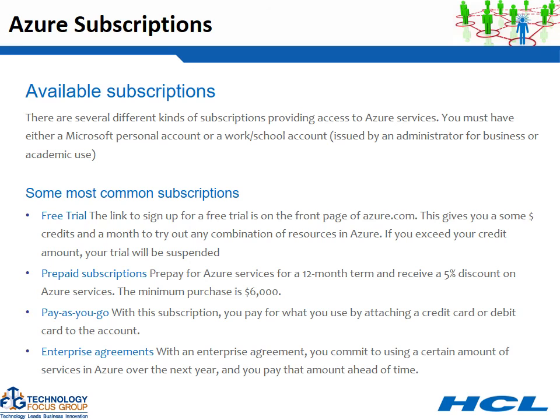So whenever you rent out some service, the amount for that service will be debited from your card. Next one is enterprise agreements. With an enterprise agreement, you commit to using a certain amount of services in Azure over the next year, and you pay that amount ahead of time. So these are some of the options for paying for the services.